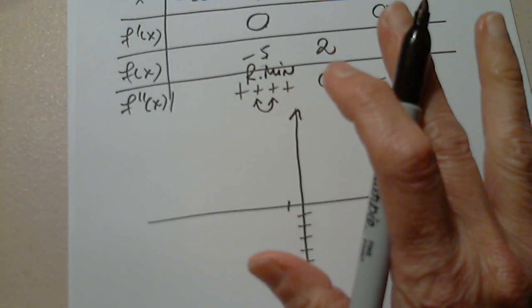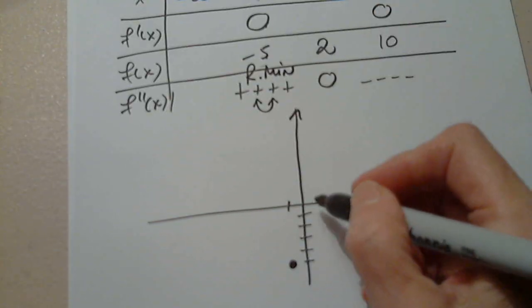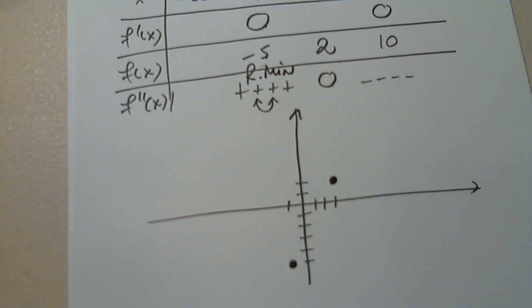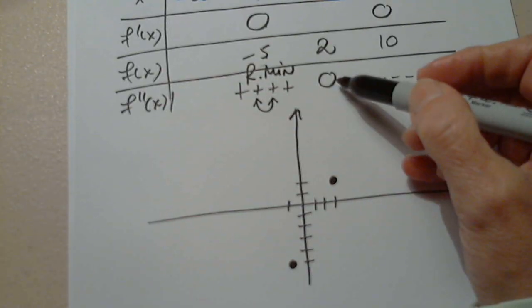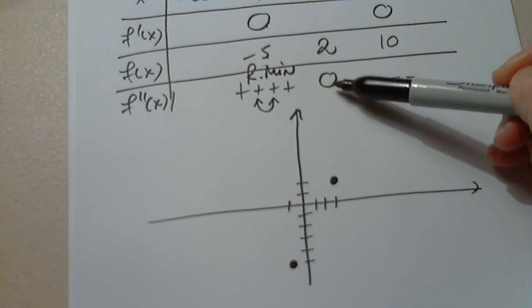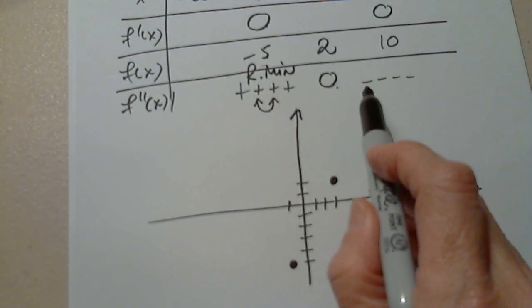Continue analyzing, and then we graph. Here's another point, 3, 2. What happens here? At this point, at x equals 3, the second derivative is 0, and it changes sign.